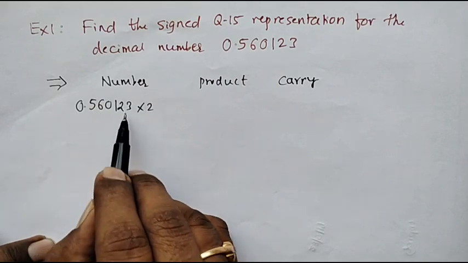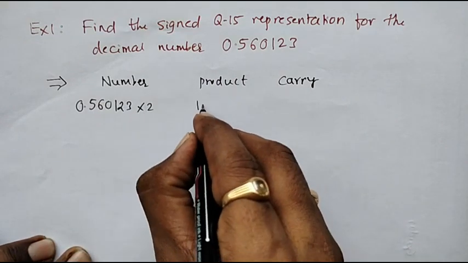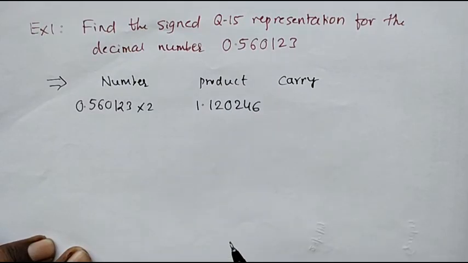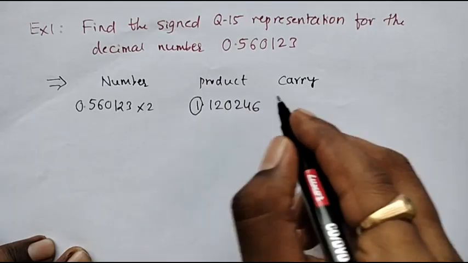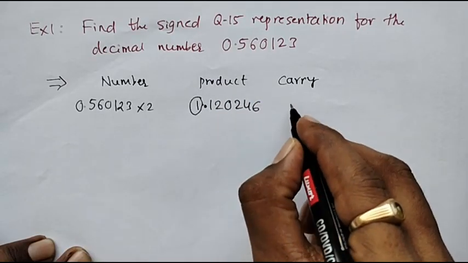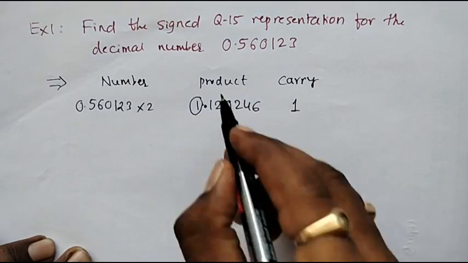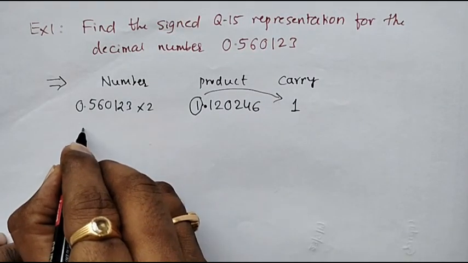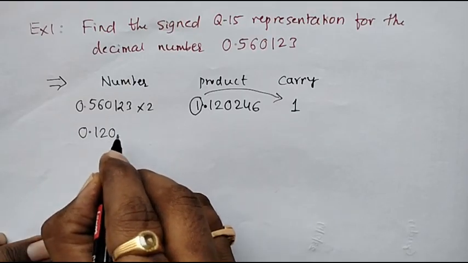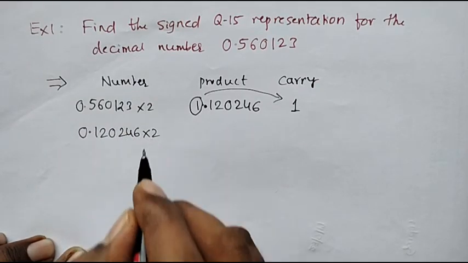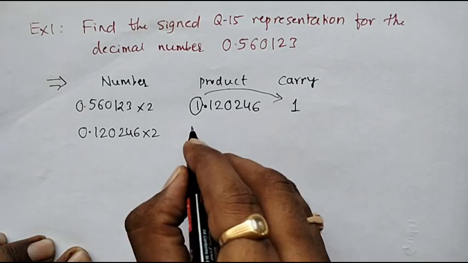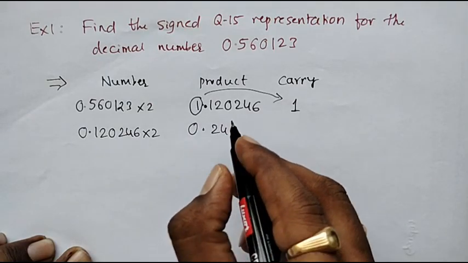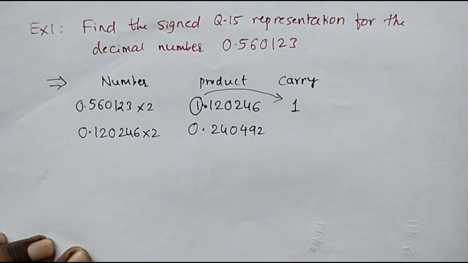Multiplying 0.560123 with 2 gives 1.120246. Here, this 1 is represented as the carry. The remaining fraction, 0.120246, multiplied again by 2, gives 0.240492.